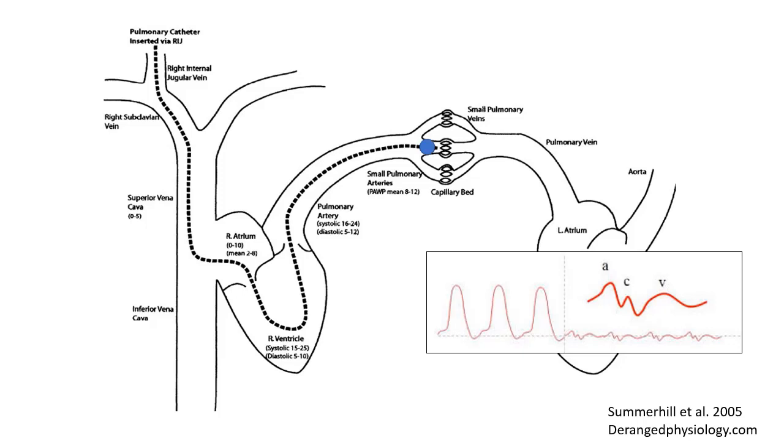And once it wedges, what you're going to see is a transition from the PA tracing with the dicrotic notch to this small undulating pressure, which usually is at the level of the diastolic pressure of the PA, which is our pulmonary artery wedge pressure. And it also looks, as you may have already picked up, very similar to the CVP tracing, and we'll go through the waveforms in just a minute.